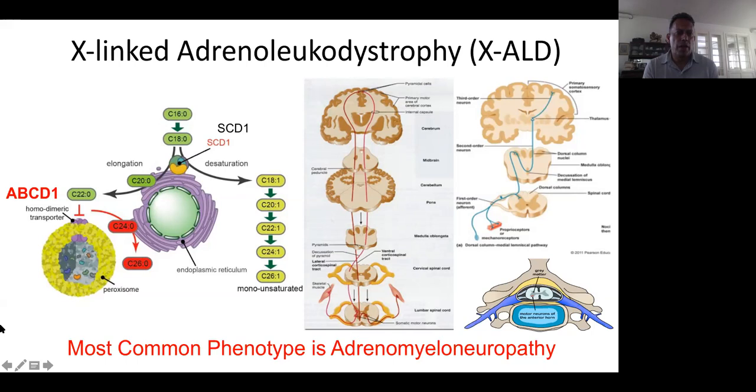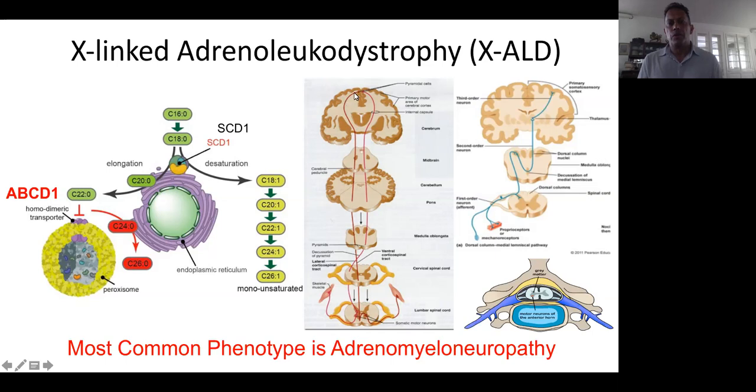The peroxisome acts a little bit like a trash can for these very long chain fatty acids. If this protein is dysfunctional, that import of lipids does not happen. These lipids build up, so-called very long chain fatty acids, and they are used to make the diagnosis of adrenoleukodystrophy, and are also used in newborn screening today.